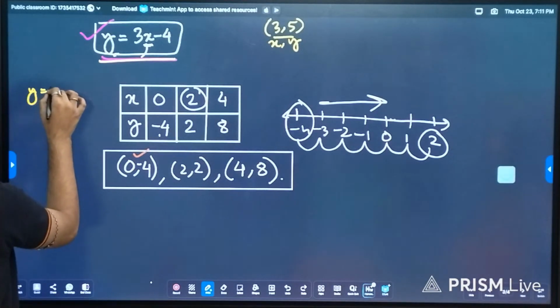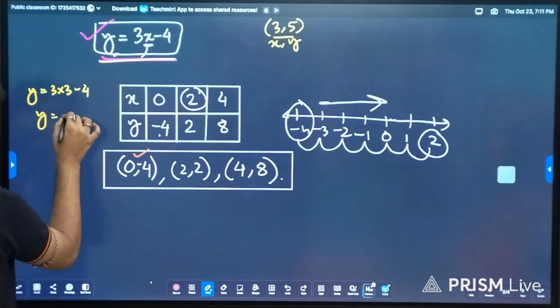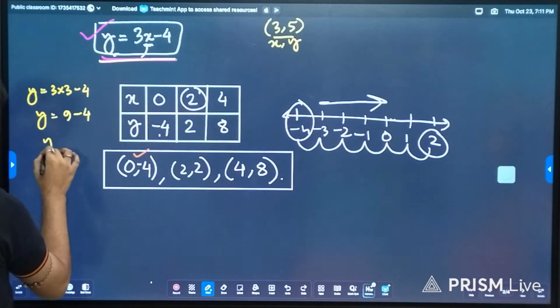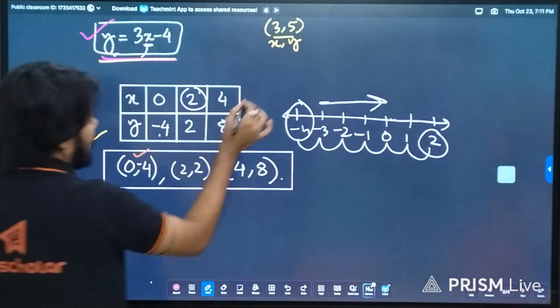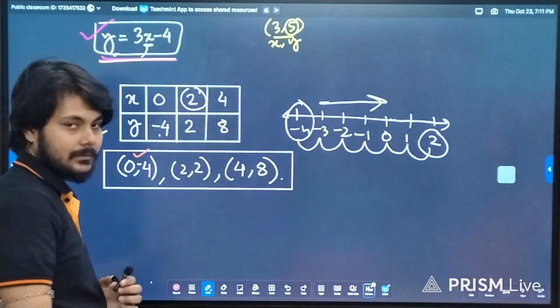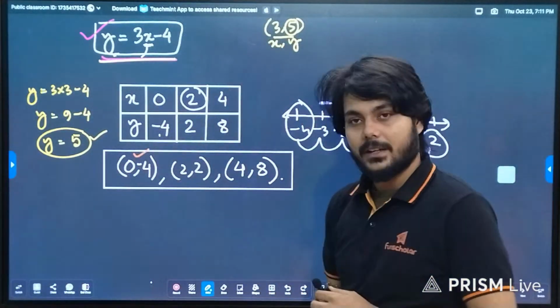Y will be 3 into 3 minus 4, or y will be 9 minus 4, or y will be 5. Is it the same as our finding? You will say that yes sir, this is exactly the same.